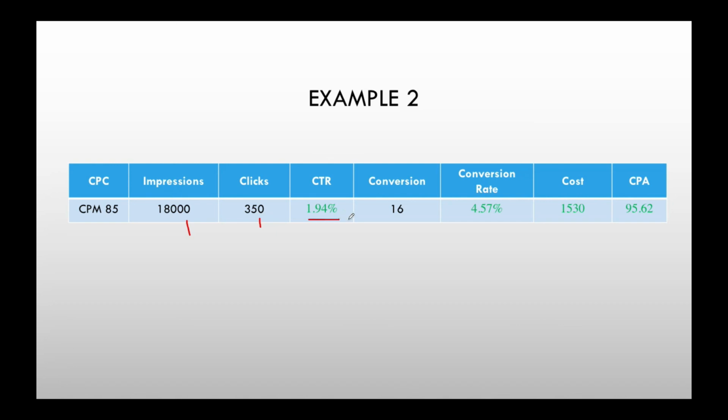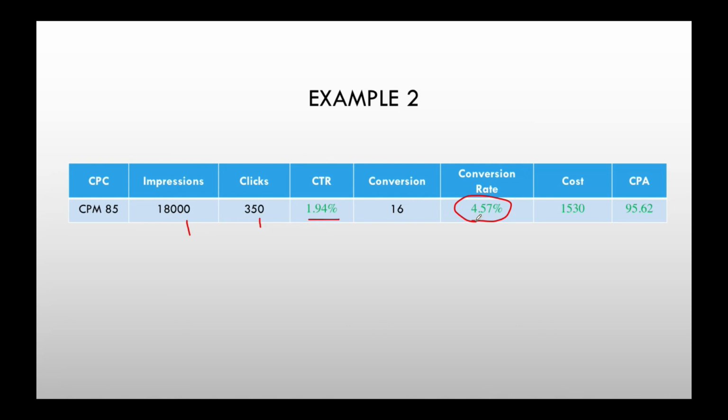So my conversion rate would be conversions divided by clicks multiplied by 100, which is 16 conversions divided by 350 clicks multiplied by 100, gives us conversion rate, which is 4.57%. So when 100 people visit my website, I should probably get 4 or 5 conversions.